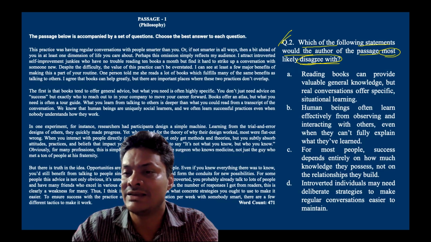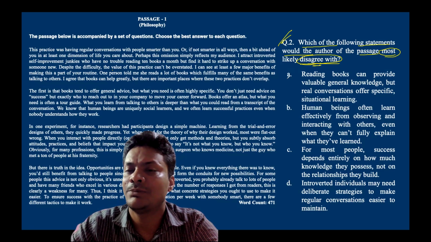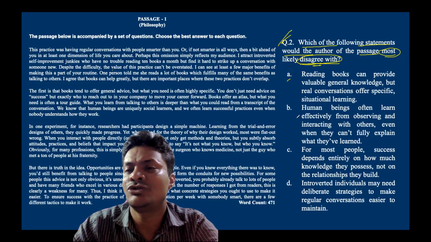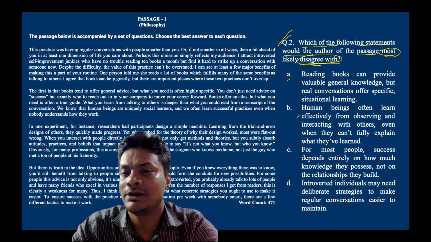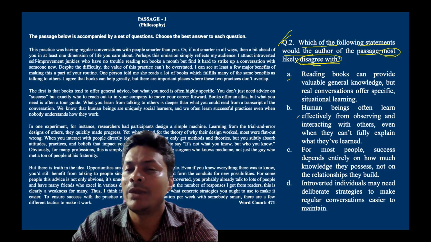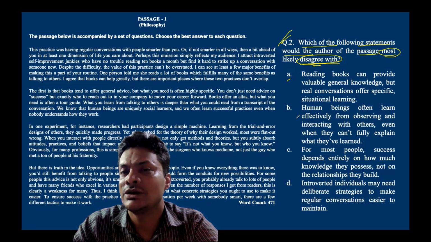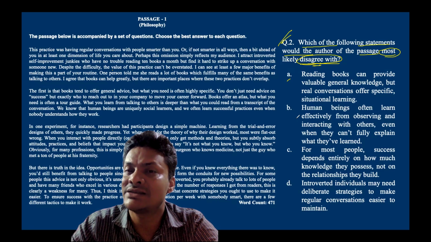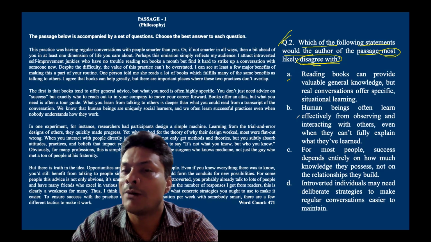Now, when you read the choices, you would find out that mostly it happens that three choices are supporting the text and one is not. Or three of the choices are not supporting and one is supporting. In that case, we need to find out which of the choices is the most appropriate where the author disagrees.